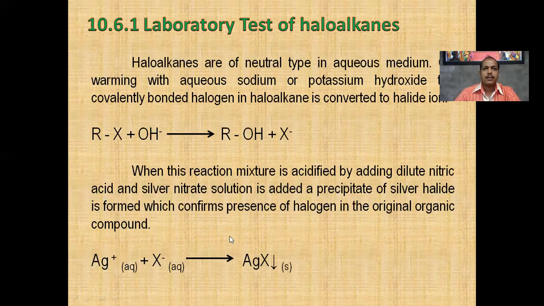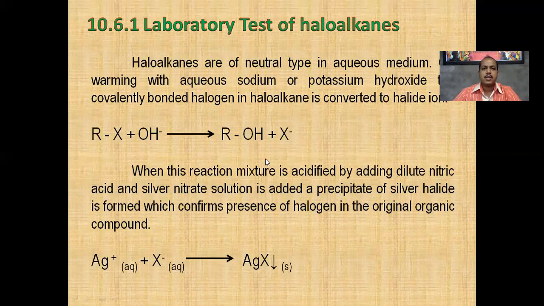Is it clear? You should read this once again. Simply here what is explained, that is when we react alkyl halide with aqueous sodium or potassium hydroxide, there will be formation of alcohol and this X minus, that is halide ion, is formed.